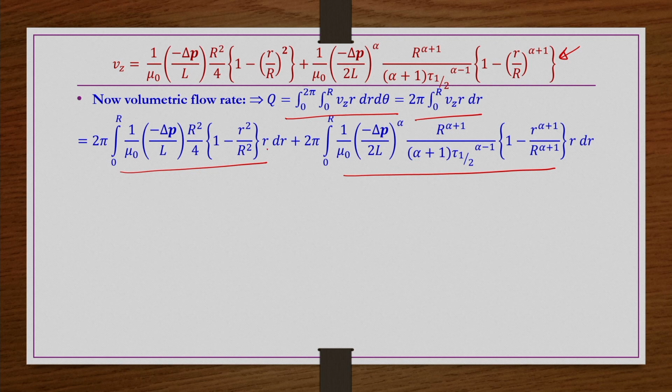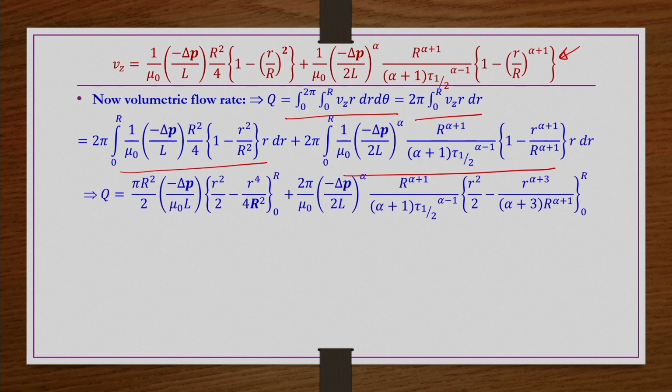Now, we can bring this r within the parenthesis here and here also, and then do the integration. So, then we have this expression. For the first term, we get r square by 2 minus r power 4 by 4 R square, and here again, r square by 2 minus r power alpha plus 2 is there, and the integration of r power alpha plus 2 would be r power alpha plus 3 divided by alpha plus 3.